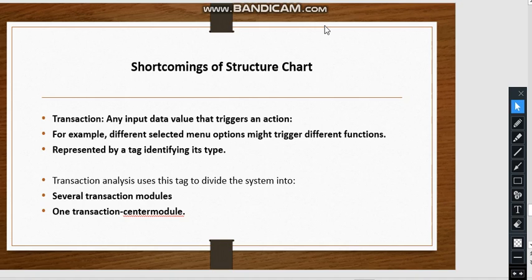In transform analysis, first all data which is entering into the data flow diagram is identified. I am talking about the transform analysis. In transform analysis, all the data which is entering into the data flow diagram needs to be identified. But in a transaction driven system, the different data items may pass through different computation paths through the DFD.